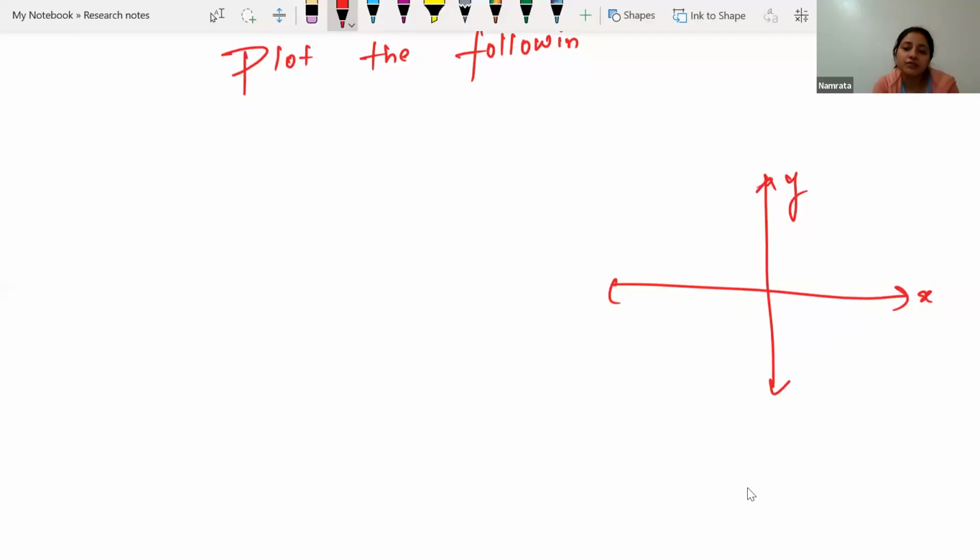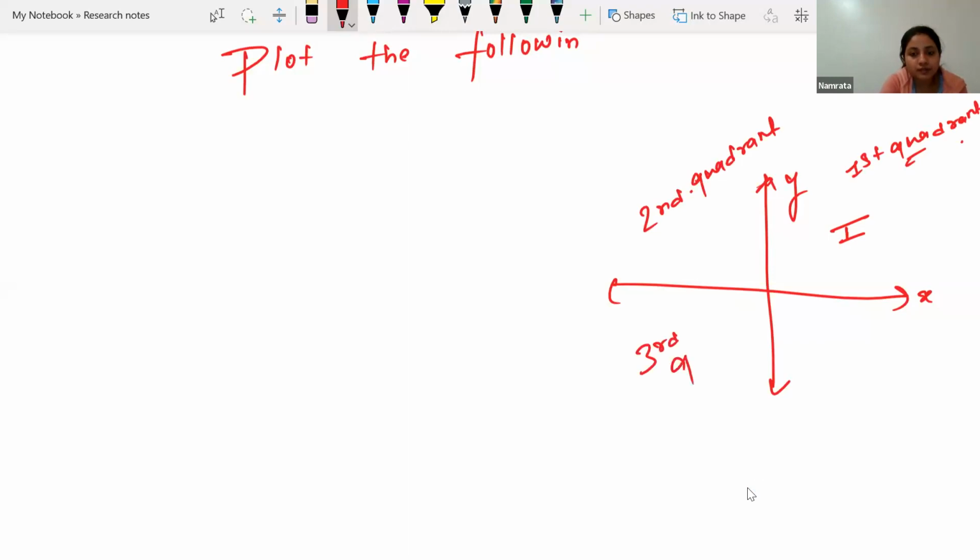When we draw the axes like this, one vertically and another horizontally, we get 4 quadrants. This one is the first quadrant. Quad means 4. This is the first quadrant, this is the second quadrant, this one is called the third quadrant, and this one is called the fourth quadrant.